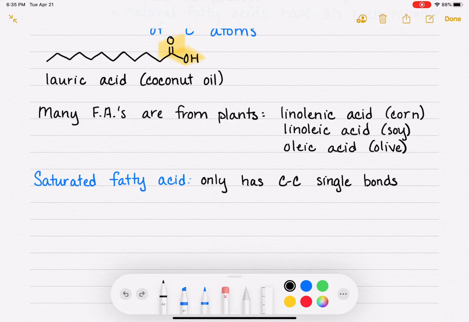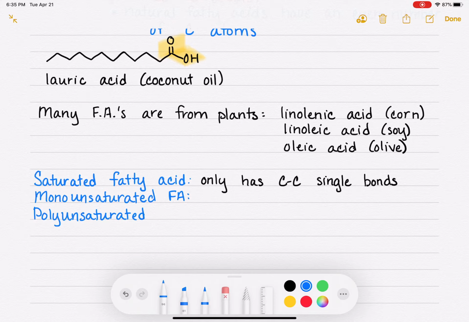If there is a double bond present, then we will describe the fatty acid as monounsaturated or polyunsaturated. Mono is the prefix for one, and poly is the prefix that means many.